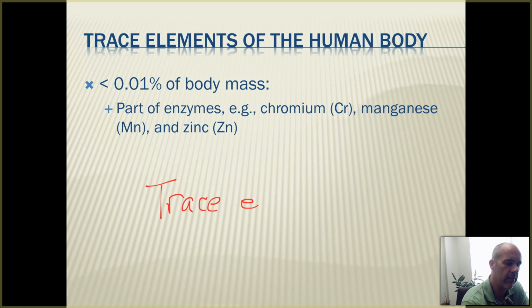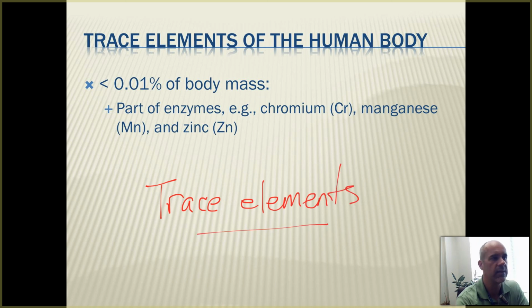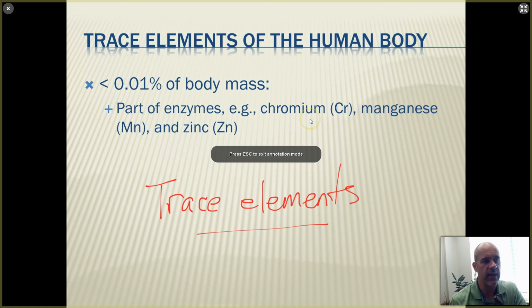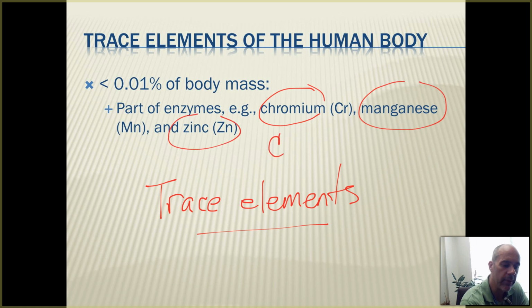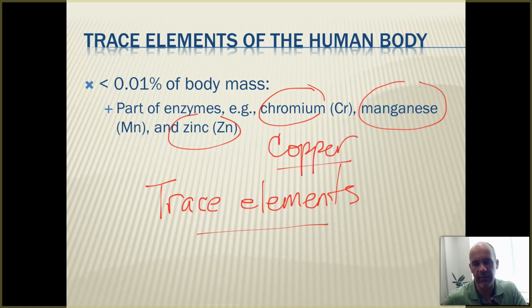So you may see that mentioned in your text or other things that you read, trace elements. All living things have trace elements that they require in order to be able to function properly. These include things like chromium, manganese, zinc, copper is another one, and there are several of these.